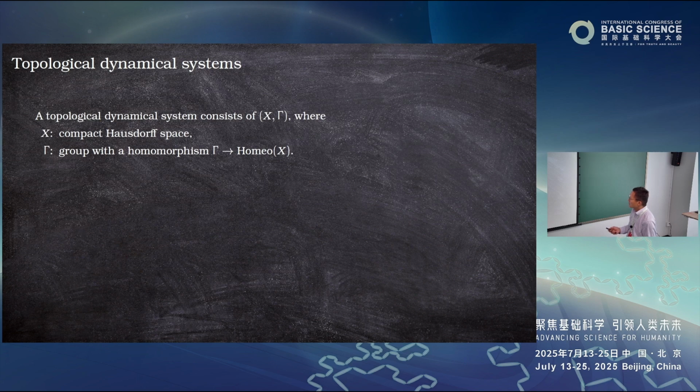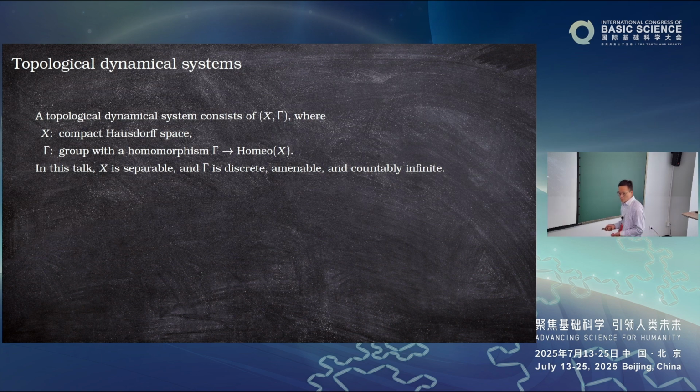In this talk, let's assume the group is a discrete group, countably infinite, and let's also assume it's amenable, because the C-star algebras in this talk are going to be amenable, or nuclear, C-star algebras. And also, let's assume the space is separable. Let's not talk about huge spaces.